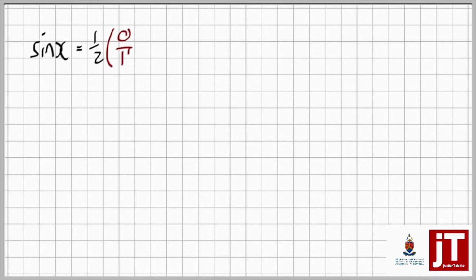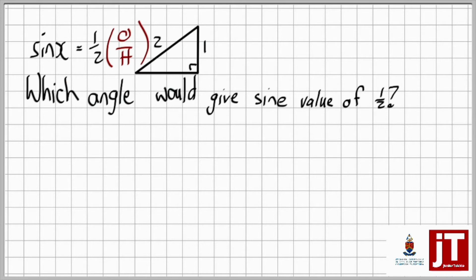What does it mean? Remember that sine of x represents a ratio between an opposite and a hypotenuse side in a triangle. So if I draw a right-angled triangle like that, my opposite is 1 and my hypotenuse is 2. But now the question is, which angle would give a sine value of a half? Here I'm going to use one of the previous videos, the special angles.